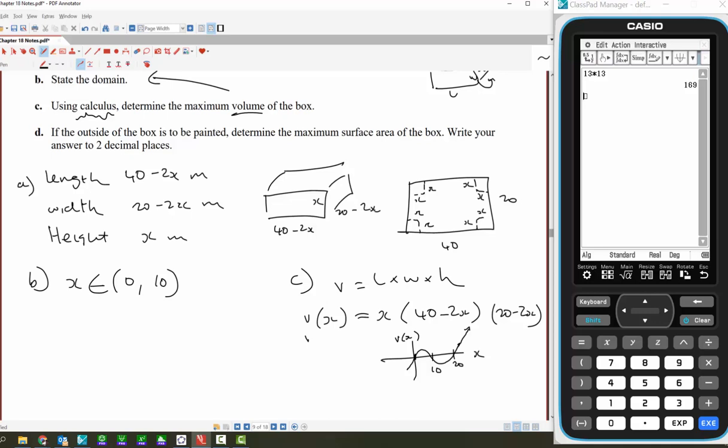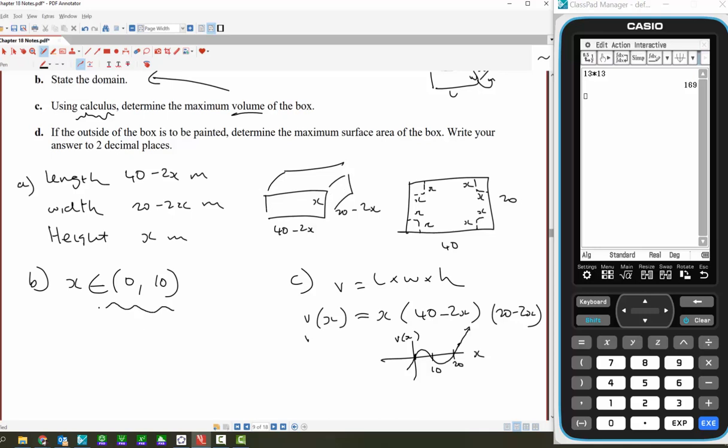Negative 2 times 25 is negative 50. 20 take away negative 50 means that this side length is negative. And it's the same thing with this side length here. This will be negative. Now what happens is the negative times a negative produces a positive answer. So what looks to be an acceptable or positive volume actually is unacceptable, because to get that volume you need to make two side lengths that are negative, which is not possible.